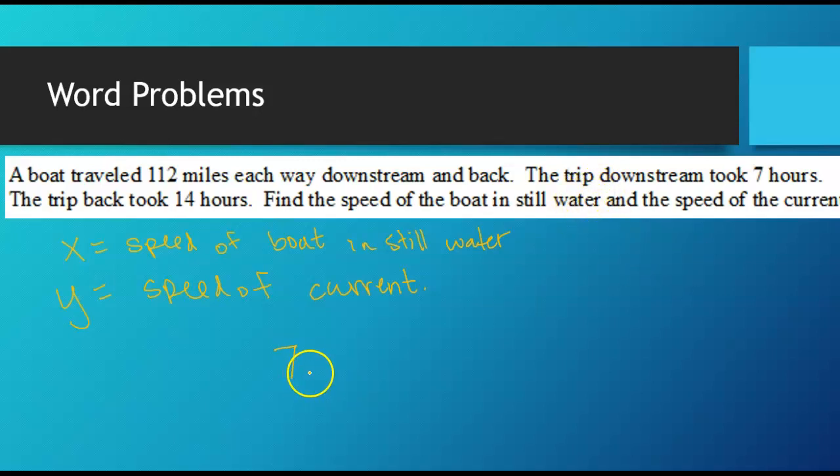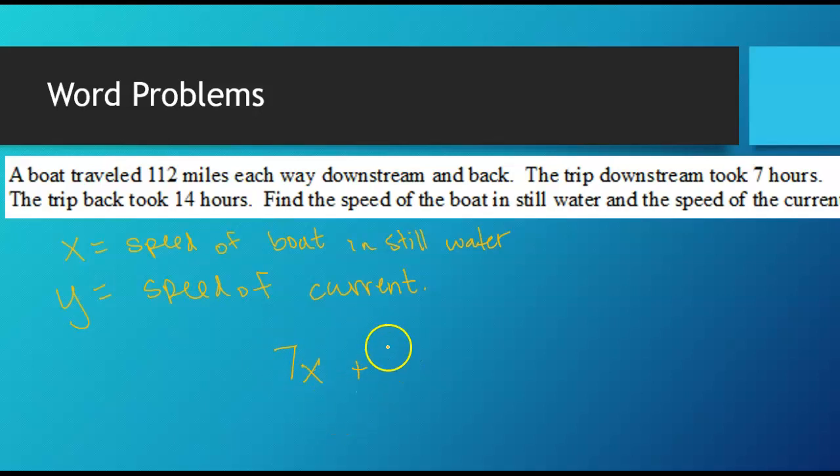So when you're going downstream, the current is aiding you, right? So if I take 7 and multiply it by the speed of the boat in still water, because that's the hours that it took, and this is the miles per hour, right?